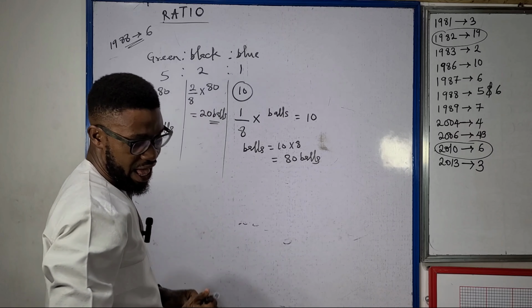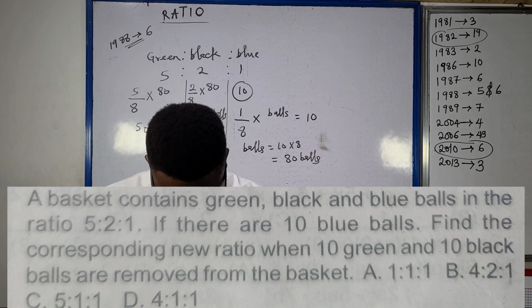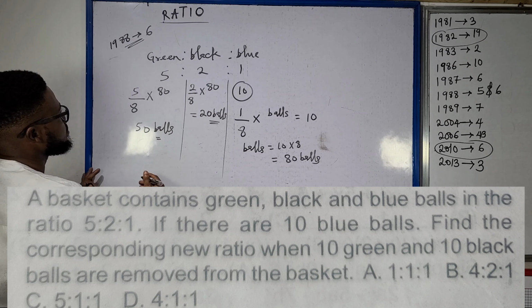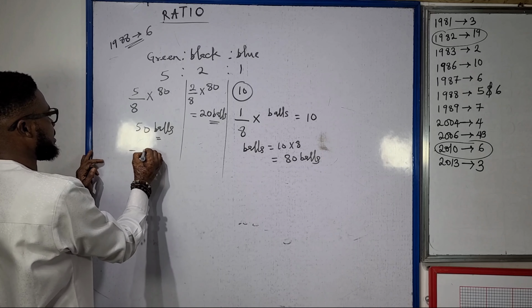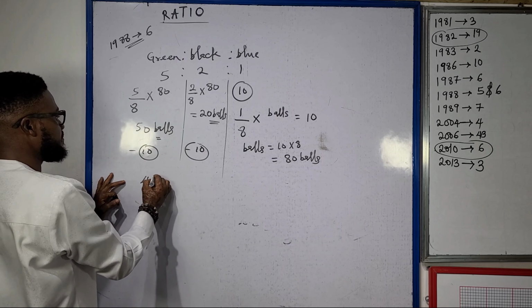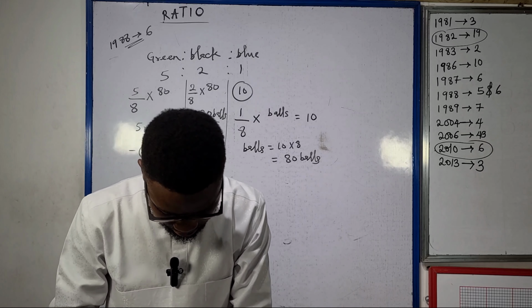That is what we had initially. Now, the question says find the corresponding new ratio when 10 green and 10 black balls are removed. Let's remove 10, minus 10. So this will remain 40, and this will remain 10. You can see that.